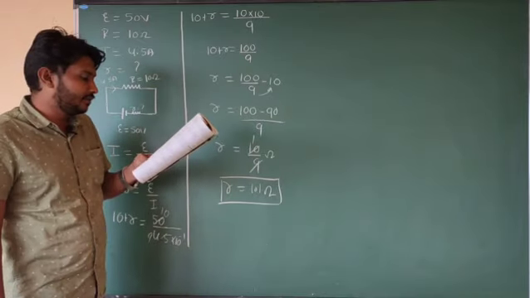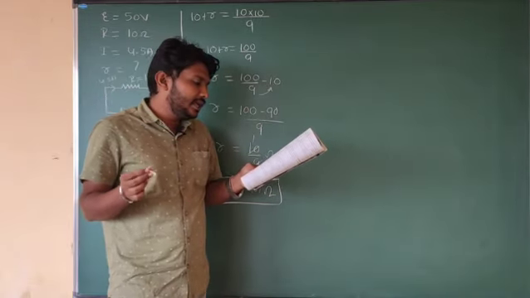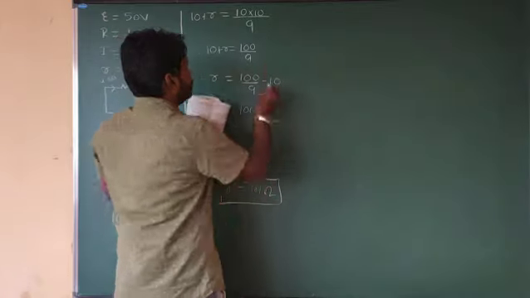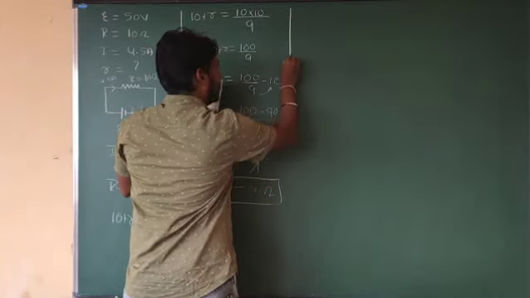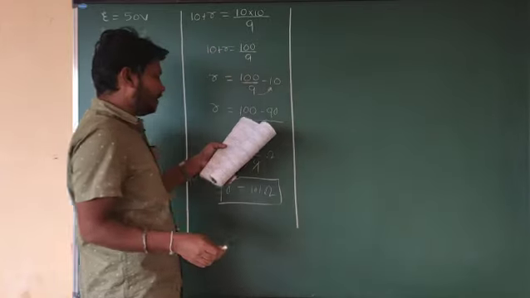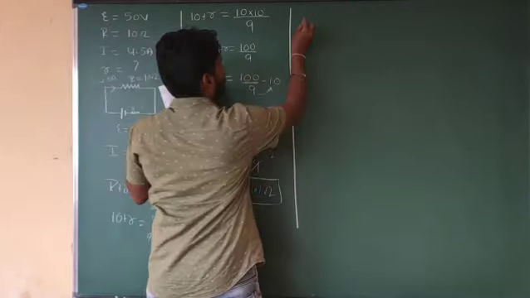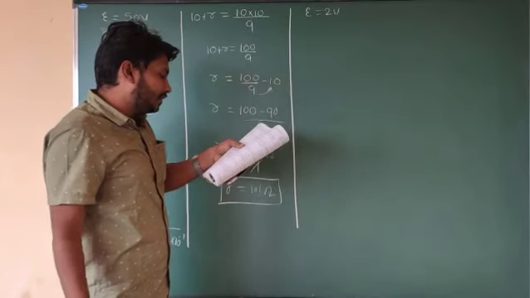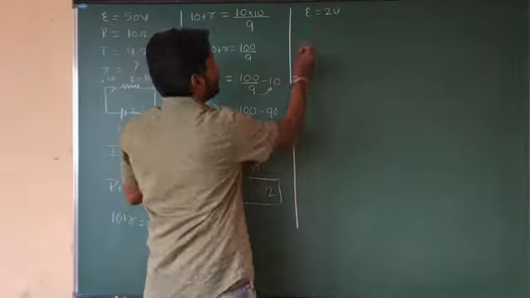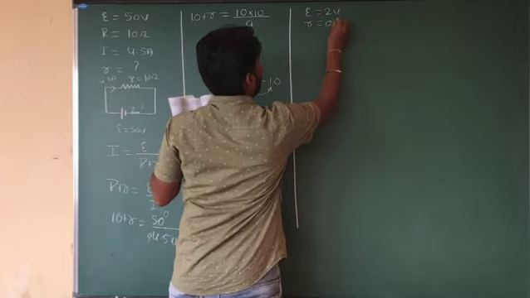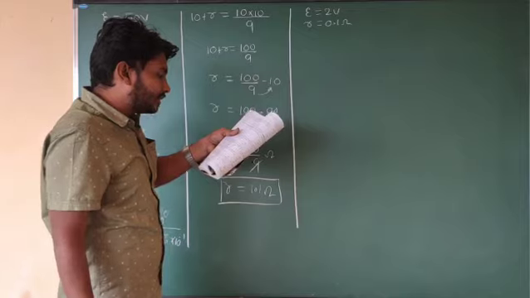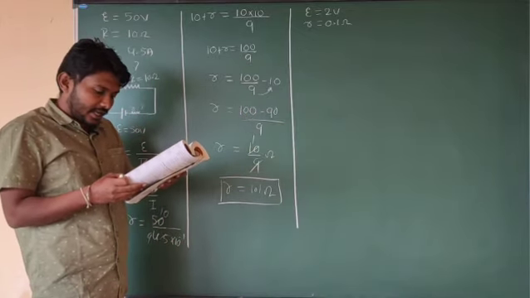We'll look at the next one. A cell whose EMF is 2 volt and internal resistance is 0.1 ohm is connected with a resistance of 3.9 ohm.